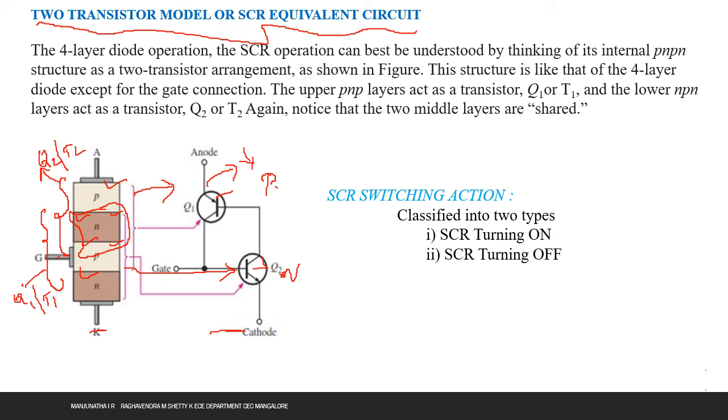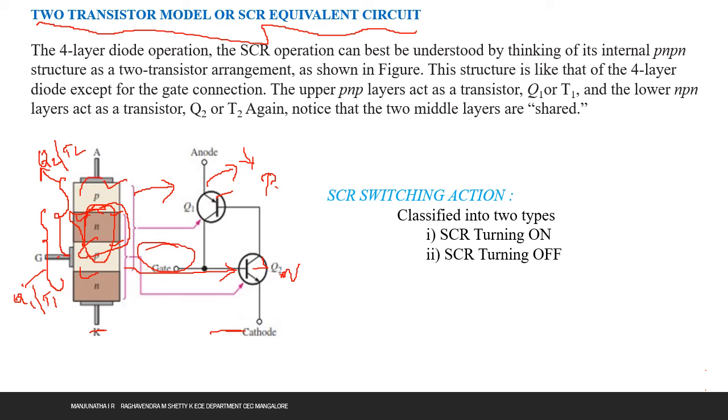We'll discuss it in detail later. One more point we should understand here: the middle layers, the NP in PNPN, are shared by both transistors T1 and T2, or Q1 and Q2, and that is connected to the gate.